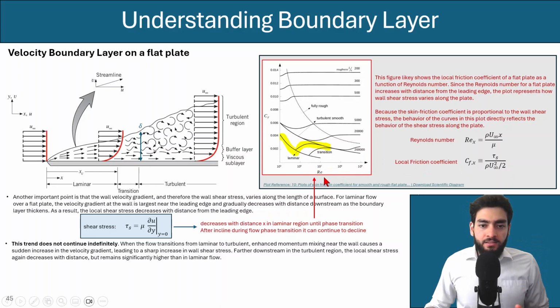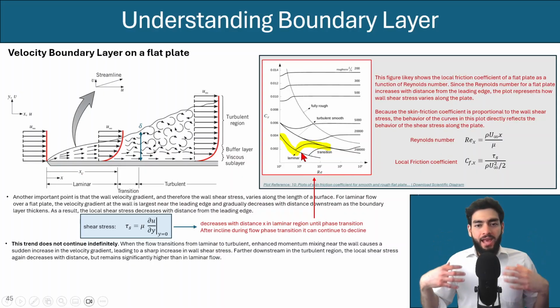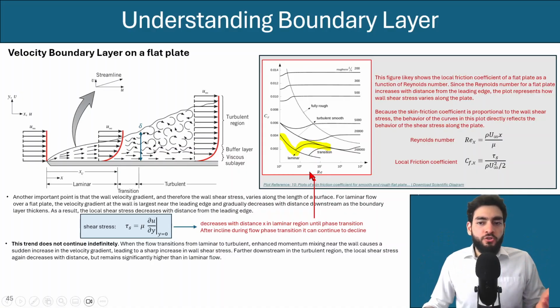And this is the Reynolds number. It is not the distance from the leading edge, but also because I know that the Reynolds number for a flat plate changes proportionally with the distance from the leading edge. So essentially, you could look at what's happening in this graph, and it would pretty much mirror shear stress versus distance.